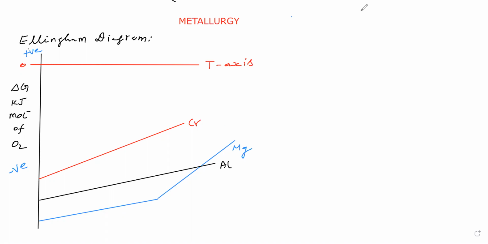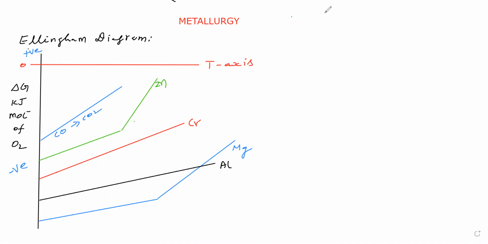Next we will see the zinc graph. Next we will see the carbon monoxide into carbon dioxide graph.